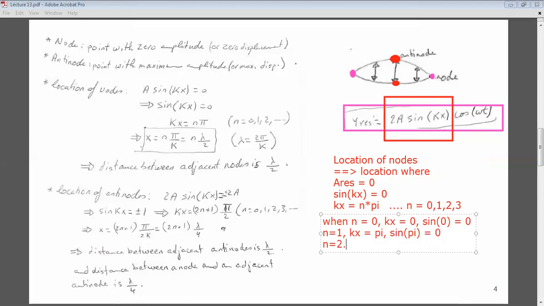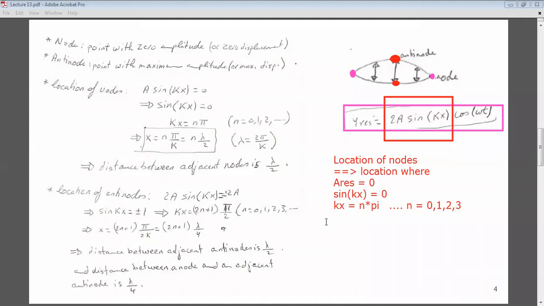When n equals 2, kx equals 2 pi, sine 2 pi. You can use your calculators if you don't believe me. Sine 2 pi is equal to 0, etc. So sine kx equals 0 when kx equals n pi, n equals 0, 1, 2, 3.